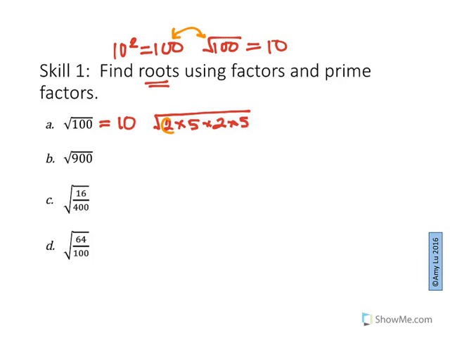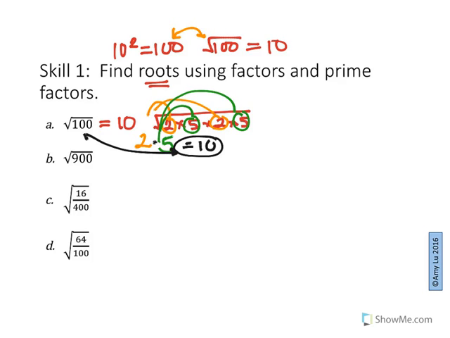Because I see a set of 2's, I'm going to pull a 2 out. Because I see a set of 5's, I'm pulling a 5 out. Then 2 times 5 simply makes 10. So therefore, the square root of 100 is 10. So that's another way to do it.